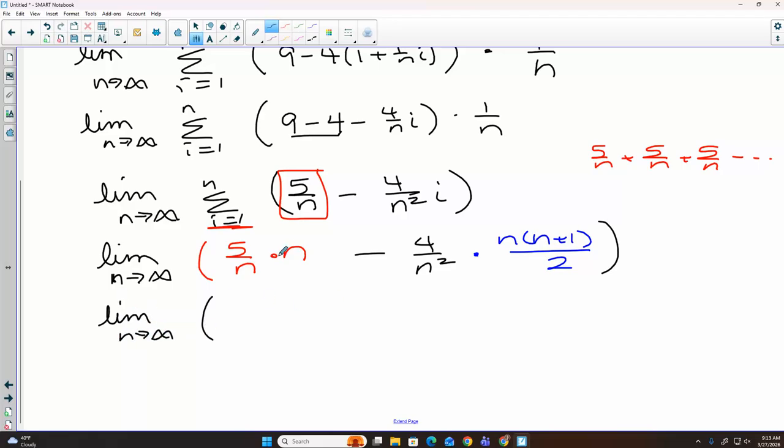Now, it's back to algebra. So 5 over n times n is 5. Minus, so I can reduce an n to be a 2. 2n plus 2 over n.